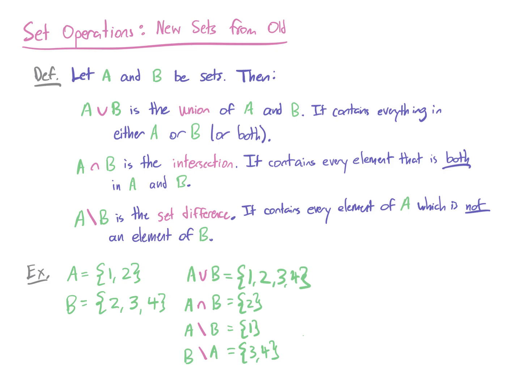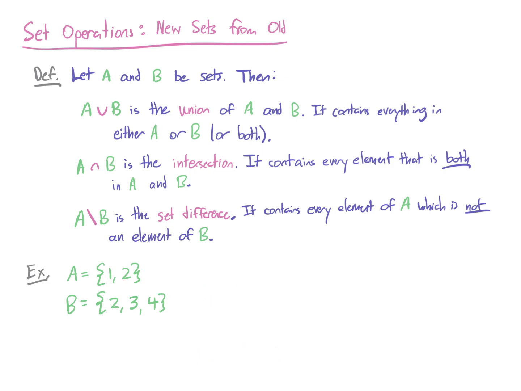Another handy way to look at set operations is through the framework of Venn diagrams. And to look at those, I'm going to erase my exercise here. Let's take a look at a Venn diagram representation.